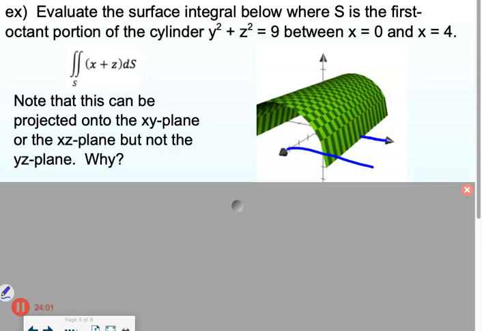So we're going from the y-axis. We're getting this hunk there. Because it's from x equals 0 to x equals 4, the region of the cylinder in the first octant.